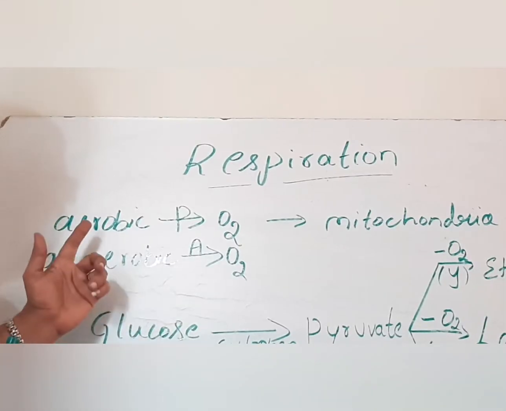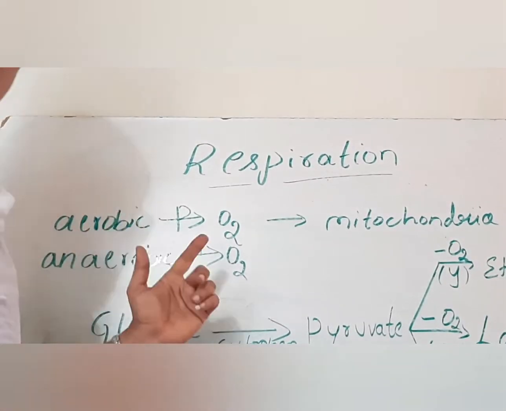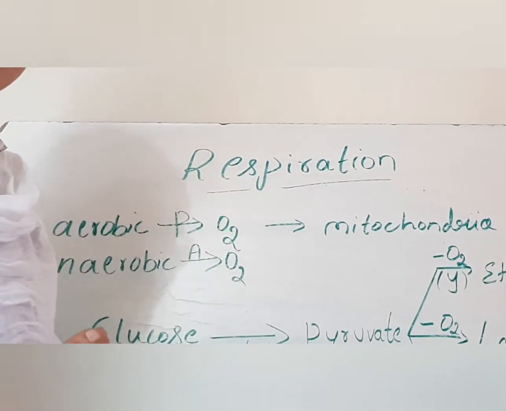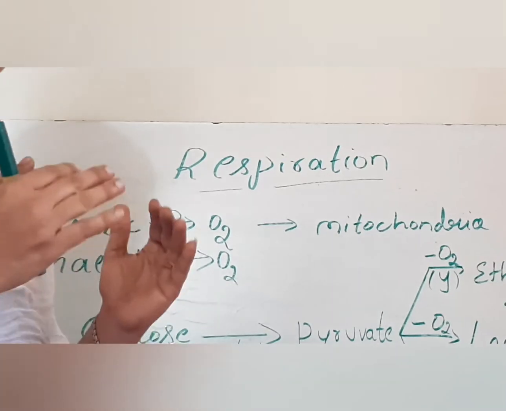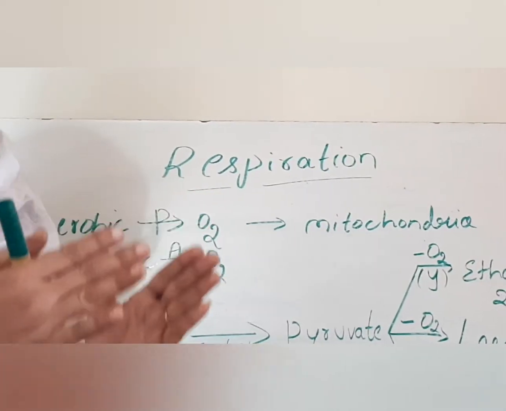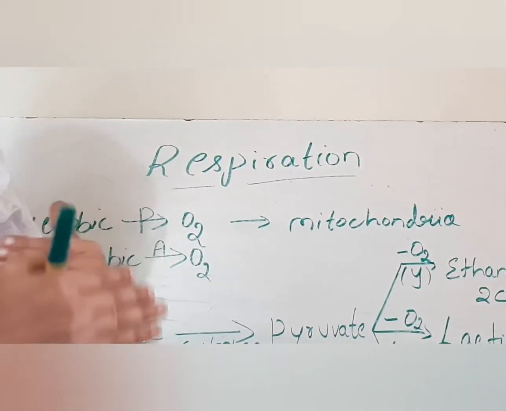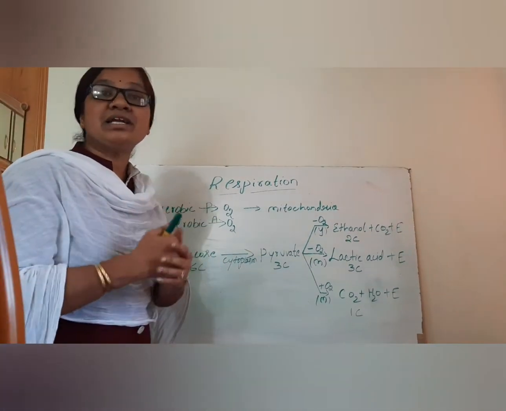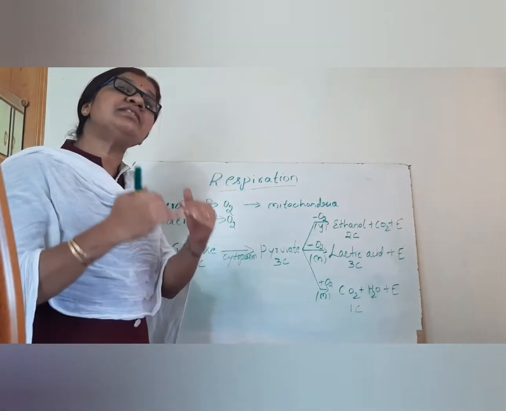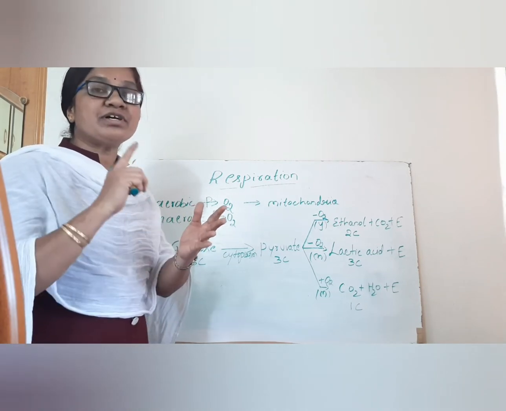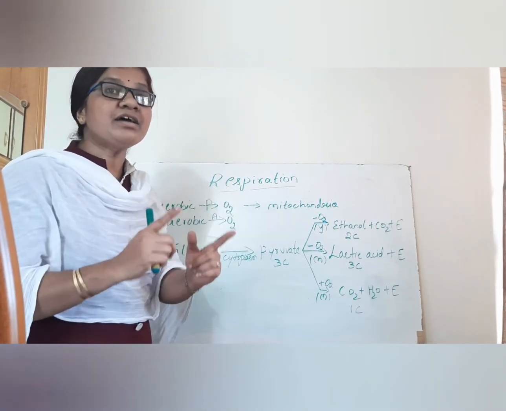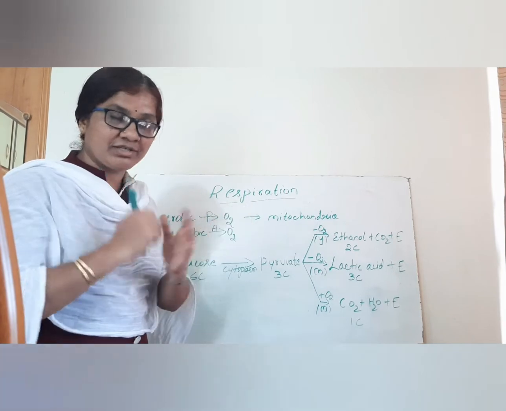When glucose breaks down, it converts into pyruvate. Where does this take place in the cell? It takes place in the cytoplasm. So the glucose converts into pyruvate in the cytoplasm, the first step.